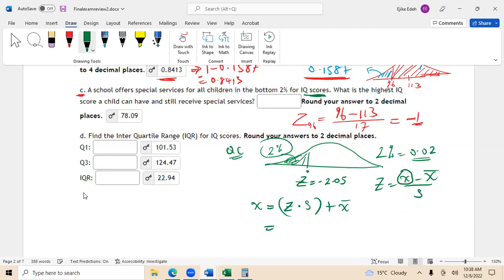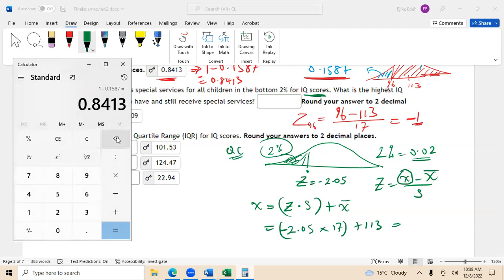Okay, so Z value here is -2.05 times the standard deviation, we know to be 17. And then we're going to add the mean, which is 113. Okay, so just use calculator. I can actually put the negative sign here.